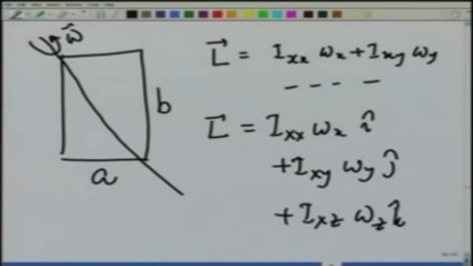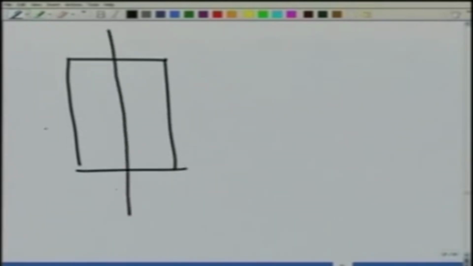Again, I will leave it as an exercise for you to show that for a rectangle the principal axes are these. Let us call this the x axis, this the y axis. If I take the center as the origin, the x axis is this, the y axis is this way, and the z axis is obviously coming out.